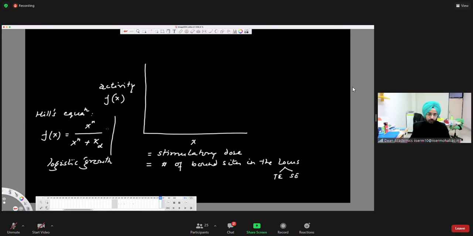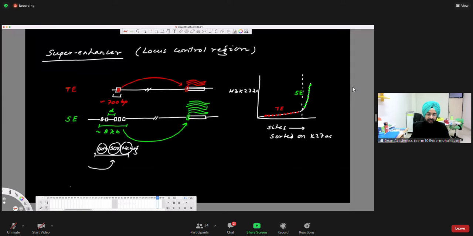Now if I plot the activity, let's look at the number of bound sites on the x-axis. Let's say here you had 200 sites, or 100 sites, and they are bound with various factors or enriched with some modifications. I just count those.